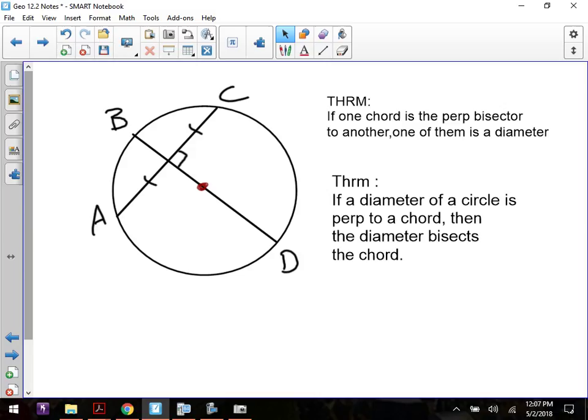Otherwise, if it didn't, it wouldn't be a diameter. If it didn't measure 90 degrees, it wouldn't be perpendicular, and therefore it wouldn't bisect it. And it's because this diameter is the longest segment inside of a circle. So no matter what, the diameter can be drawn to become the perpendicular bisector of a chord.